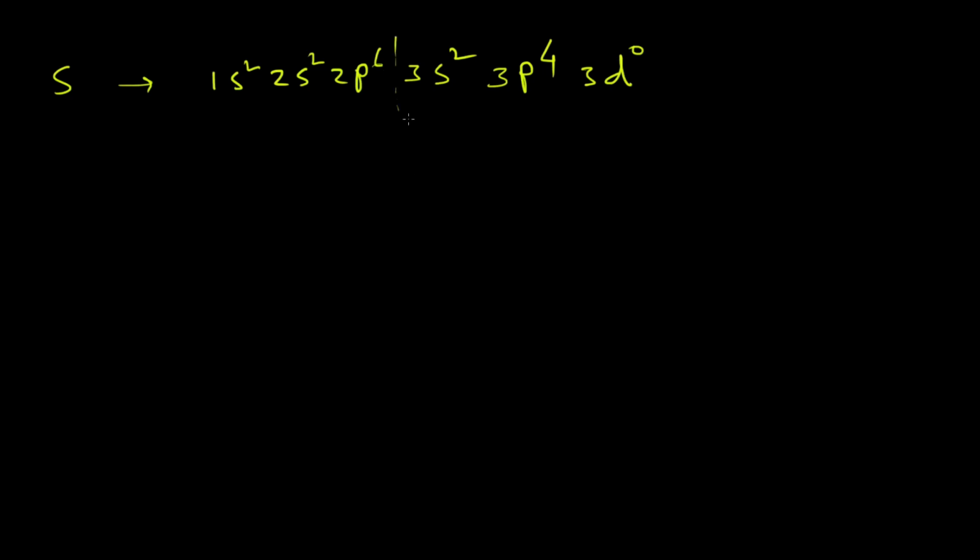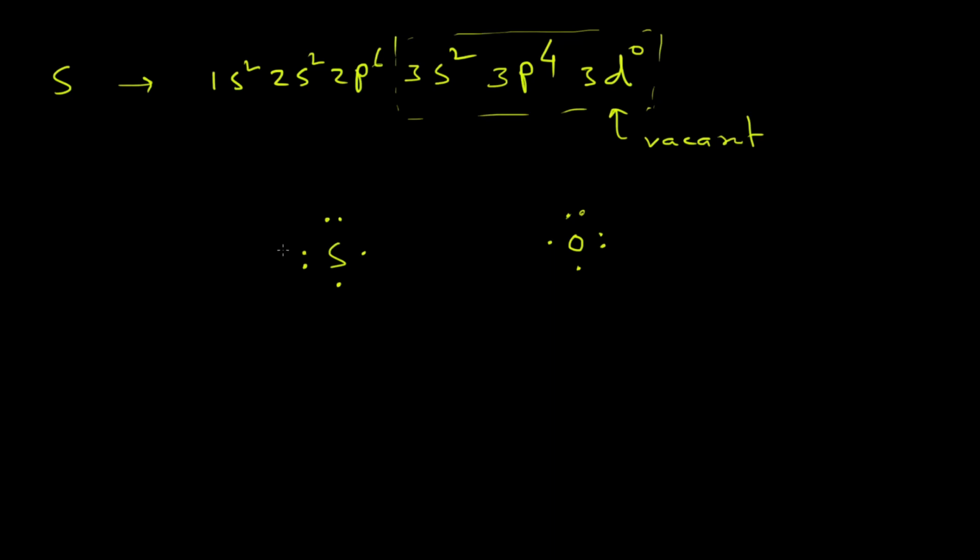So its valence shell has 6 electrons, just like oxygen, right? So if we put the electrons around sulfur, initially it will look exactly like oxygen. Oxygen also has this kind of electronic configuration, but the only difference is sulfur has an extra 3d orbital which is vacant, and oxygen has no vacant orbital.